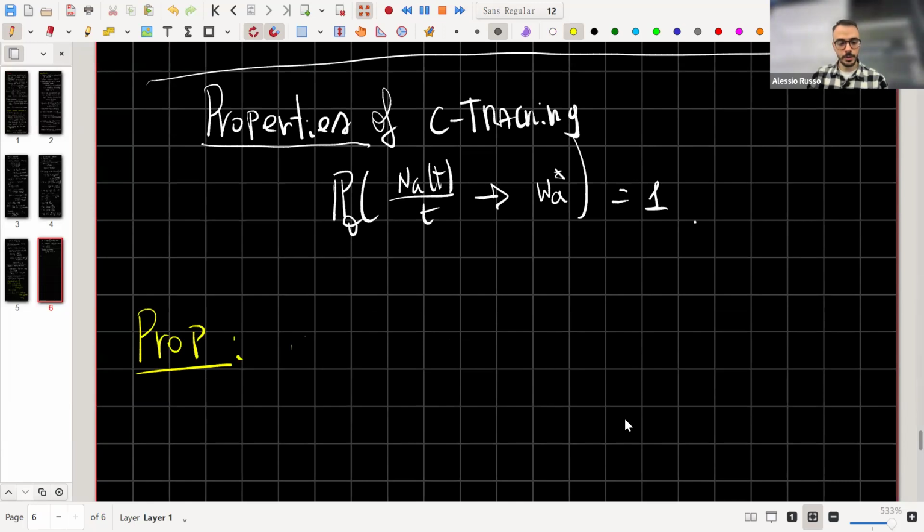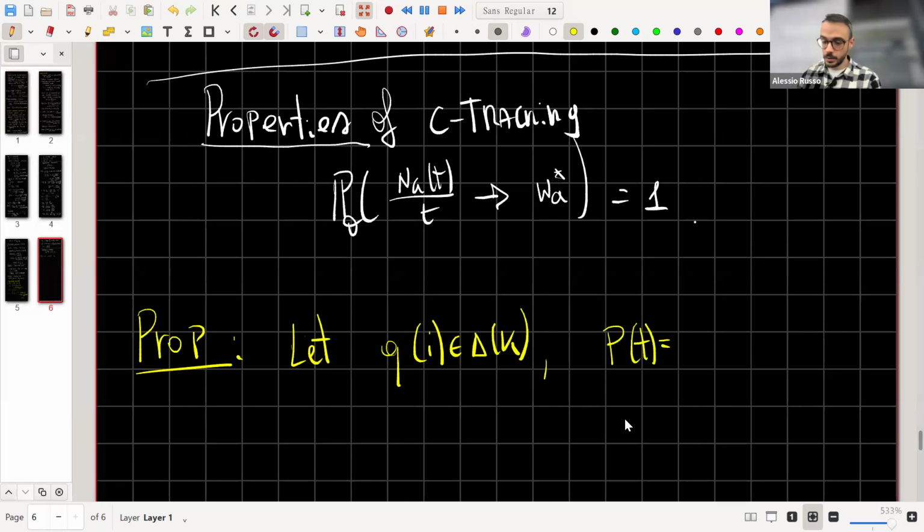Suppose we have a sequence of distributions over the simplex. We are going to call these distributions Q. And then we denote by P T the sum from 1 to t of these distributions.